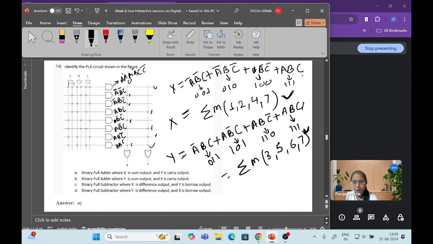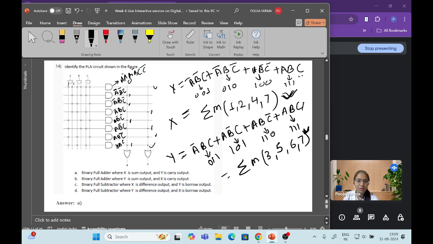Option A is a binary full adder, where x is the sum output and y is the carry output. Option B is a binary full adder, y is the sum output, x is the carry output. Option C is a binary full subtractor, where x is the difference output and y is the borrow output. Option D is a binary full subtractor, where y is the difference output and x is the borrow output.